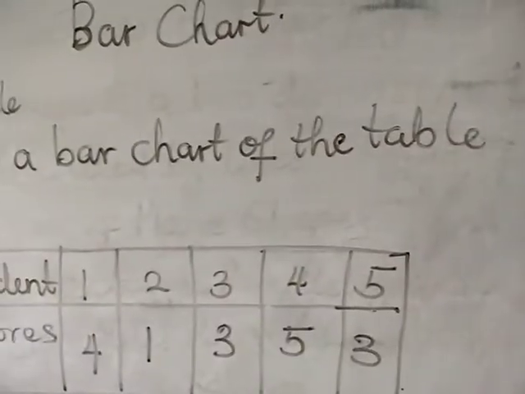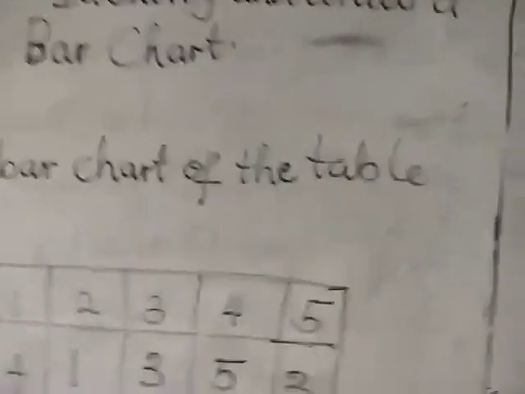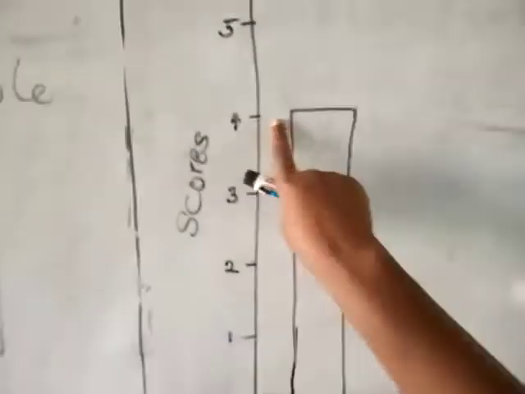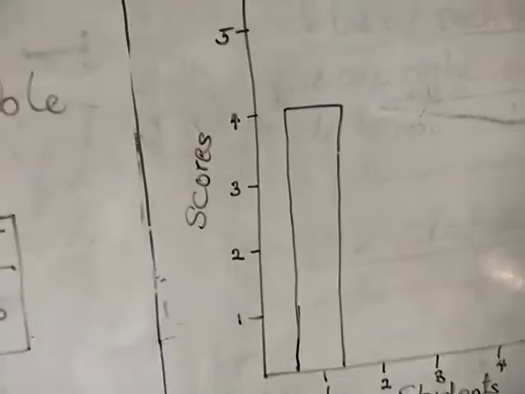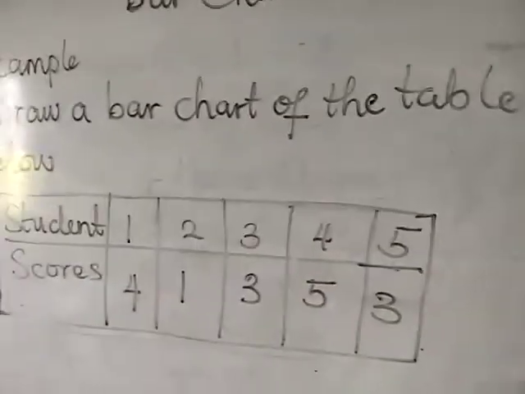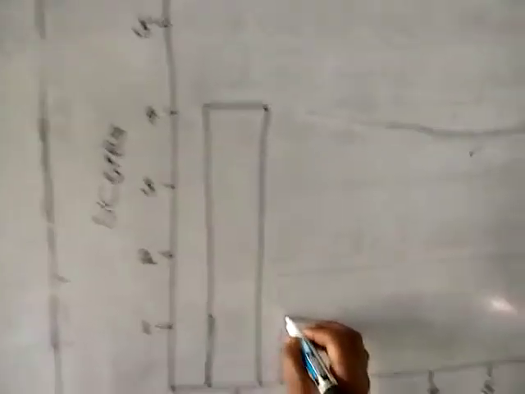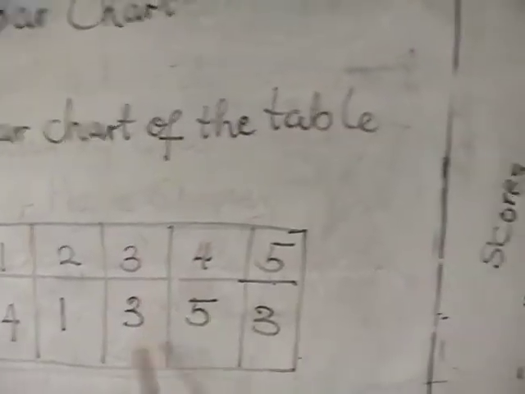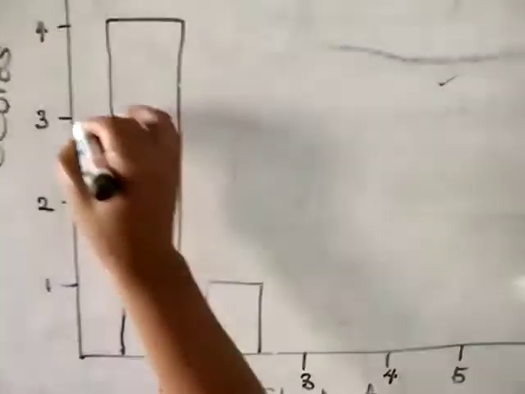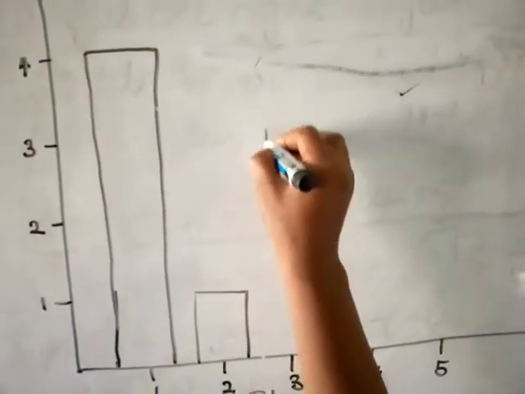I'm stopping at 4 to show that only one student scored 4 marks. Now, we are told that 2 students scored 1 mark. This is where our 1 ends. 3 students scored 3 marks. This is where our 3 ends.